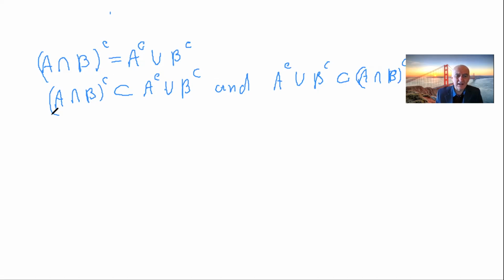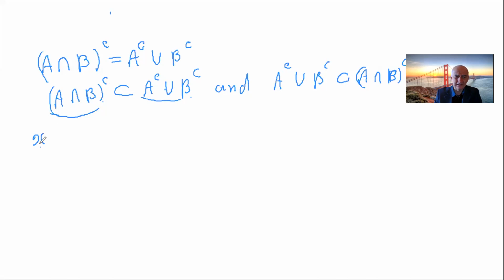Now, the question is how to prove that this set, the complement of the intersection of A and B, is a subset of this set. For this, I will take an element in this set. Pay attention, and I would like to emphasize that this element is an arbitrary element from this set.